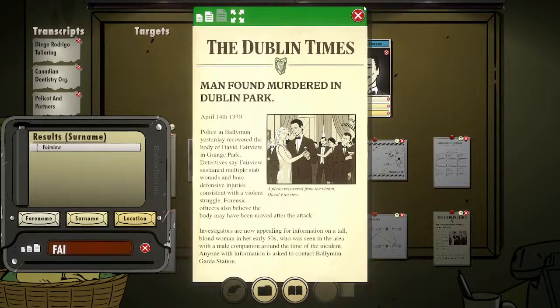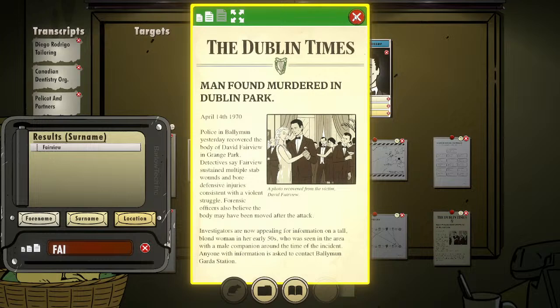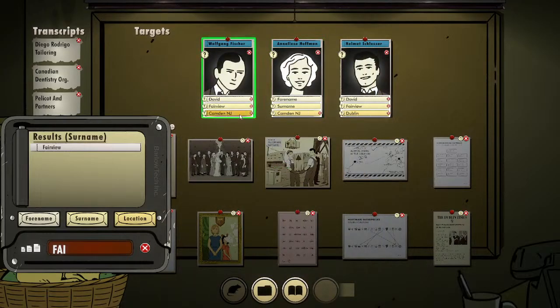Wait, so who died and who... I didn't even think of checking for David Fairview. So he's David Fairview, so he's dead. So he actually should be in Dublin, I guess. I feel like this is so backwards from what I would expect. But then who are you?